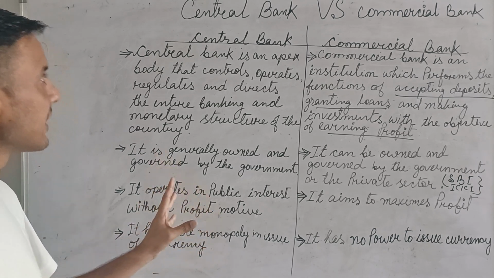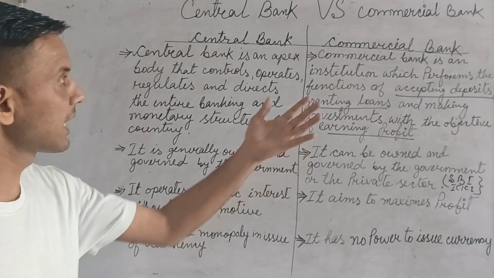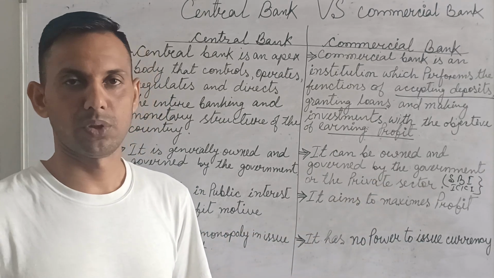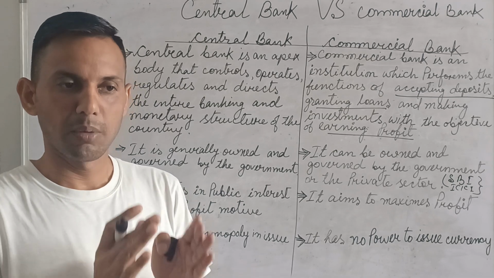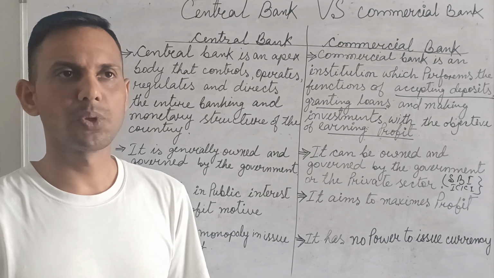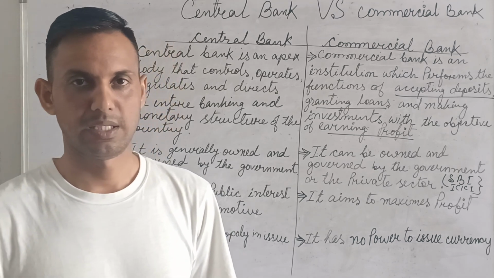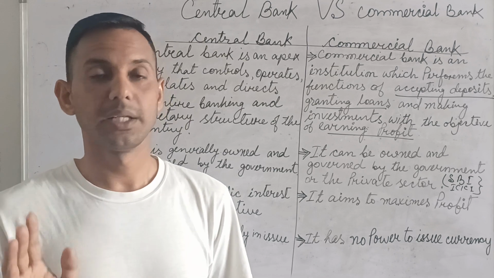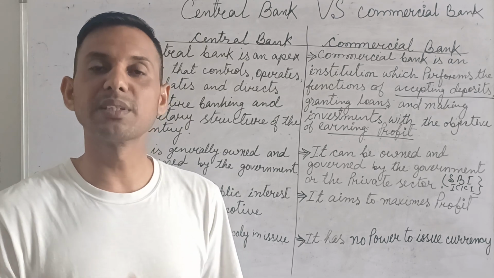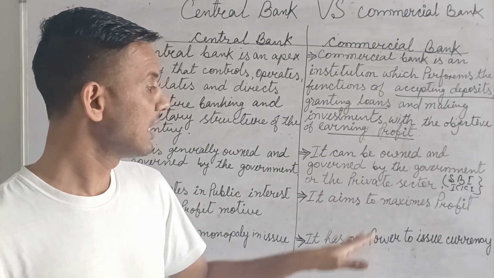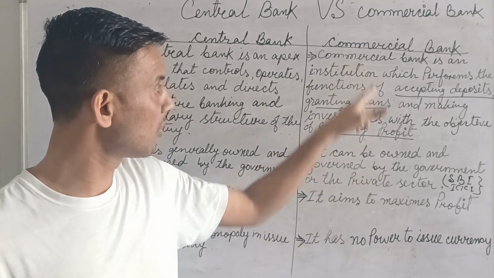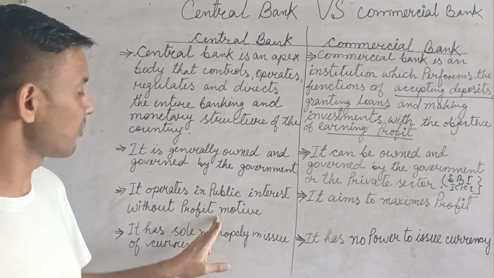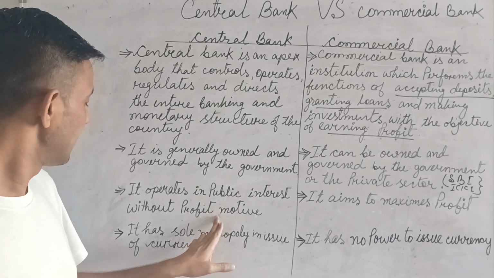Profit is not its main motive, but a commercial bank aims to maximize profit. How? By providing or advancing loans. This is the source of income for commercial banks. When you deposit money in the bank, the commercial bank gives you very little interest, but when you borrow money from it, it imposes more interest. This difference is the bank's income, and that's why they earn profit. For commercial banks the main motive is to maximize profit, but for the central bank profit is not the main motive.